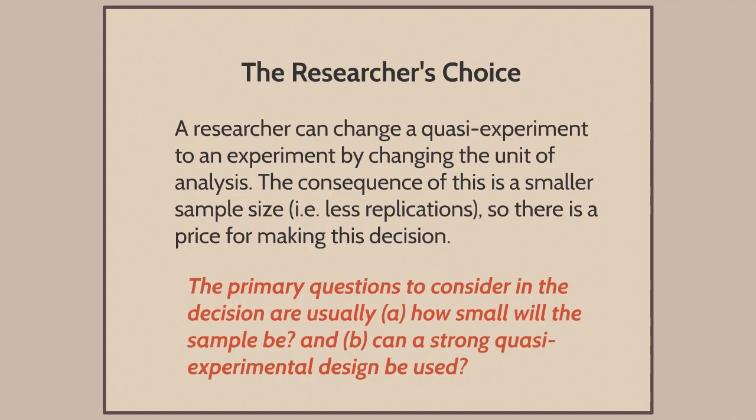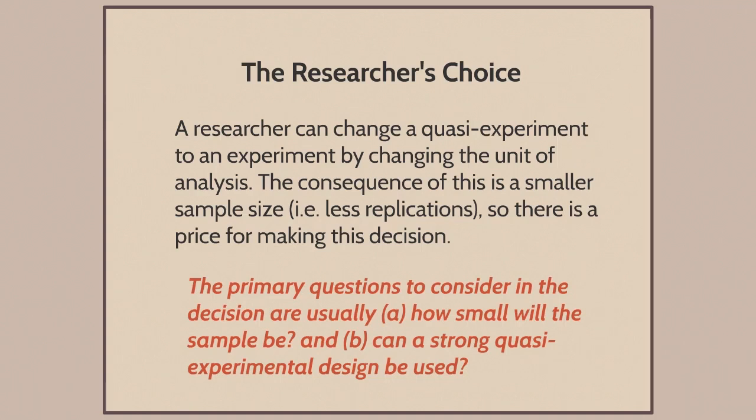But the penalty is we only have 3 classes in each condition, so we'd only have 3 scores in each condition. So we only have really a sample size of 6 for our analysis instead of 6 times 20, which would be 120 for our analysis.